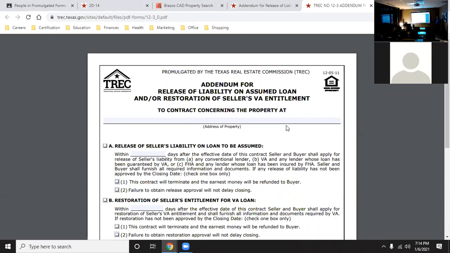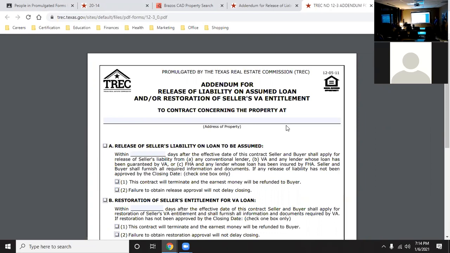If you are in a very high military area, you're going to use this form a ton. But if you are in an area that's rural and there's not many military people there, you're not going to see this form. I've been in practice a long time, over a decade, and I have yet to use this form. Okay, know how to fill it out, know how to utilize it. We don't use it because the fact is, we just don't.